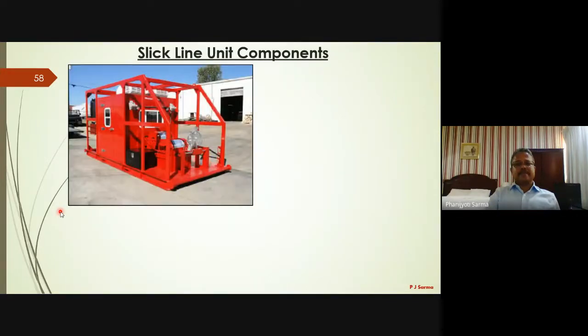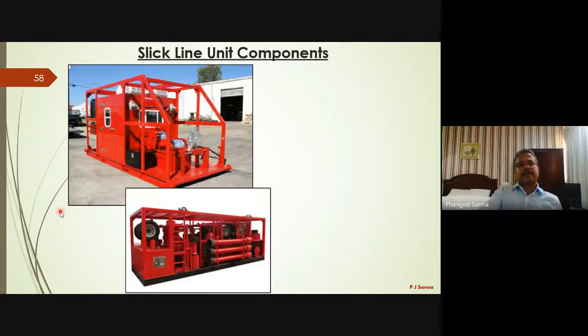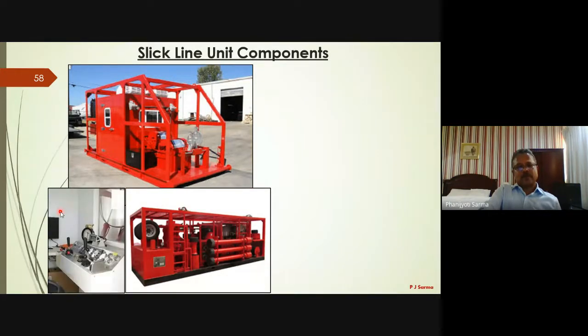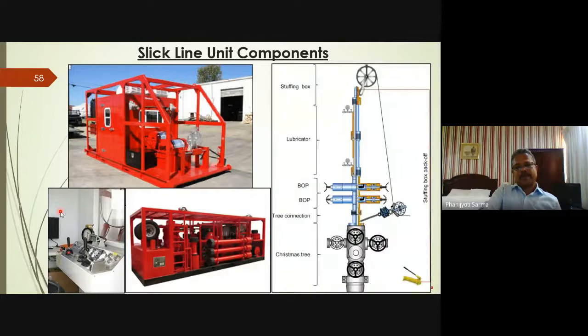And these are some of the electric slick line unit components. So this is a slick line unit, the toolbox, the control cabins, and this is the rig up.